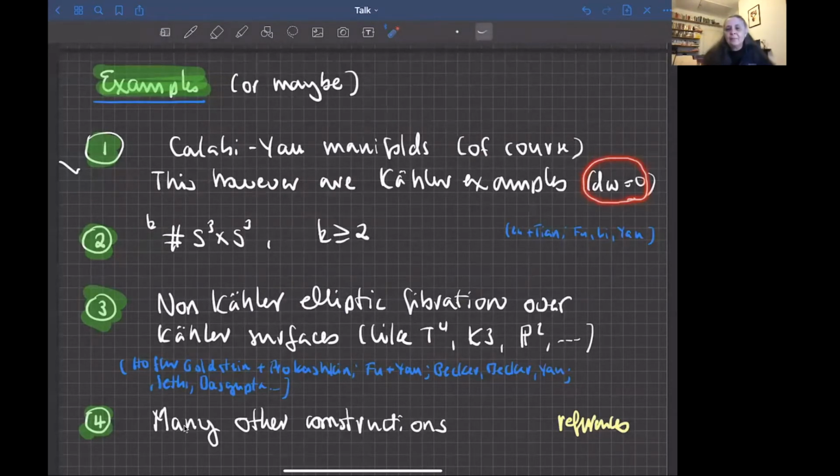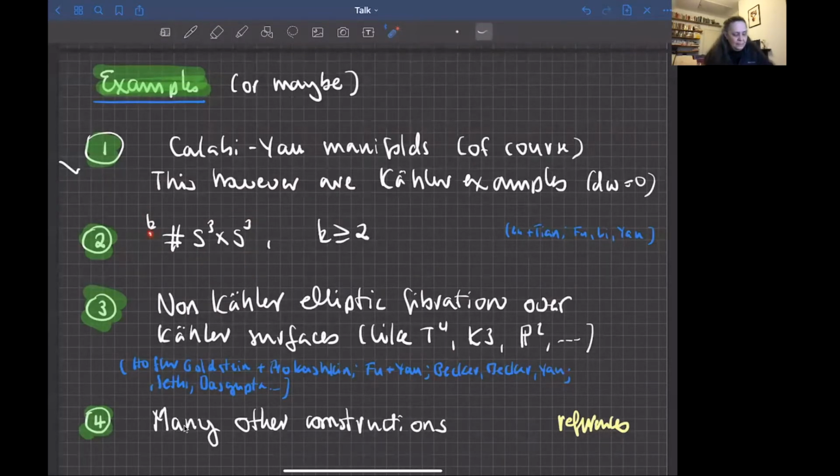So we want examples that are non-Kähler. A beautiful example, one that I've been wanting to get my hands on and work with, is the case of connected sums of the product of S3 cross S3.